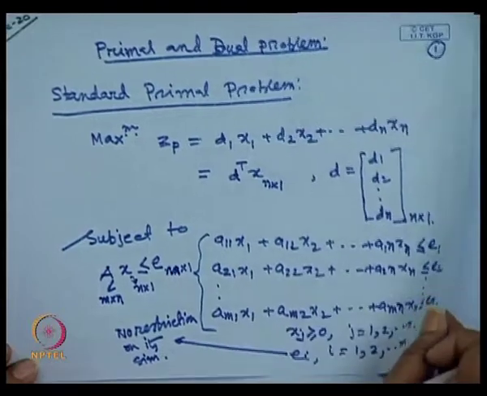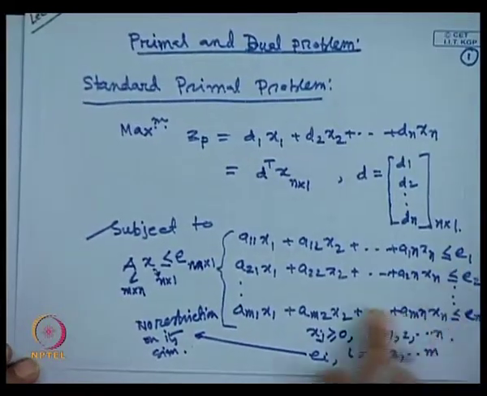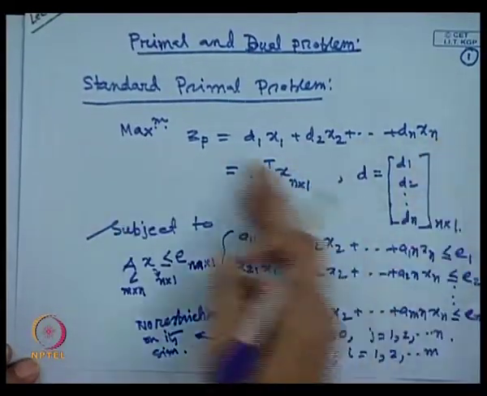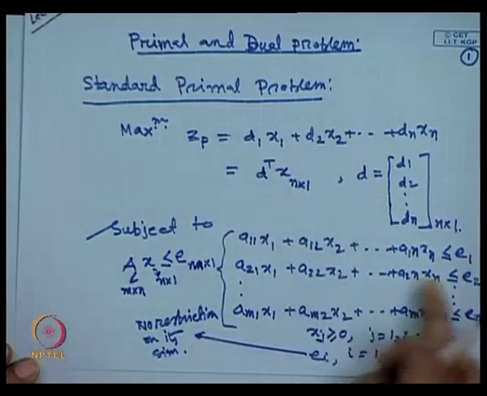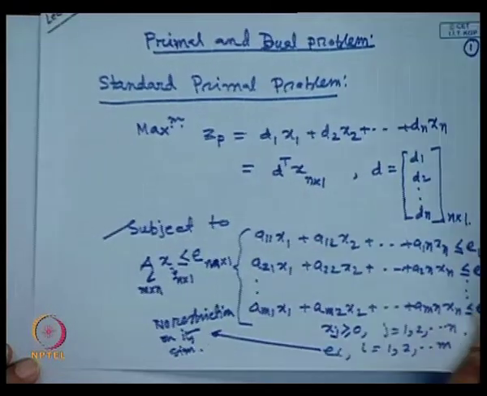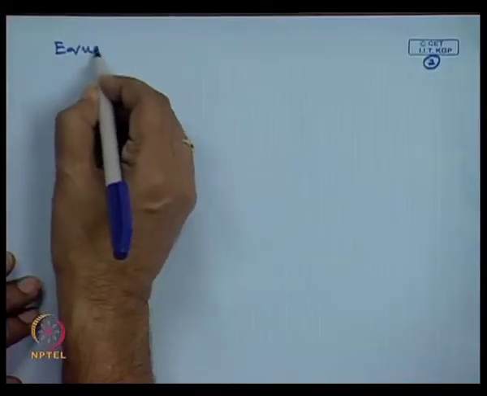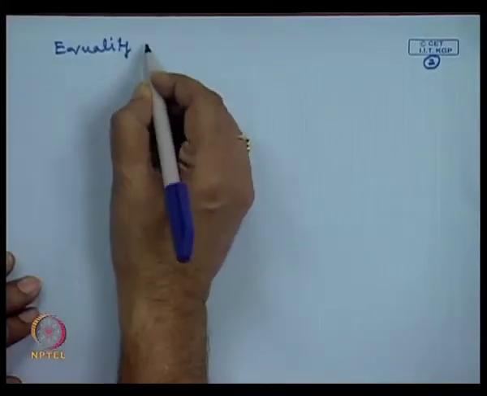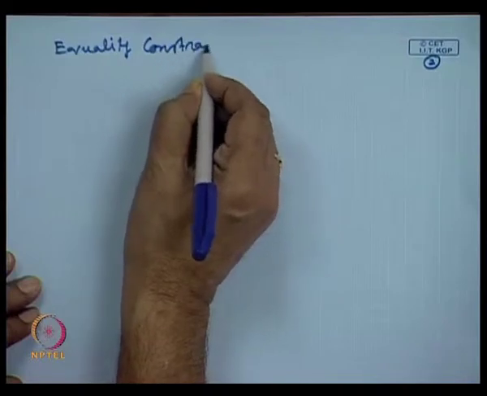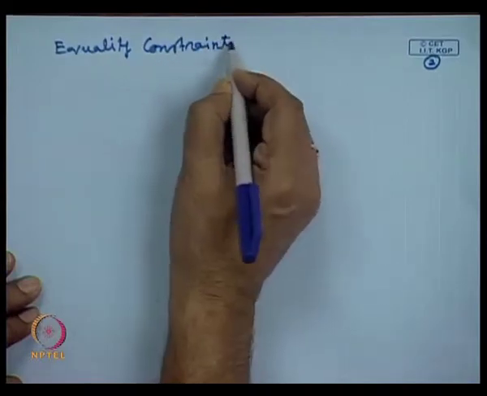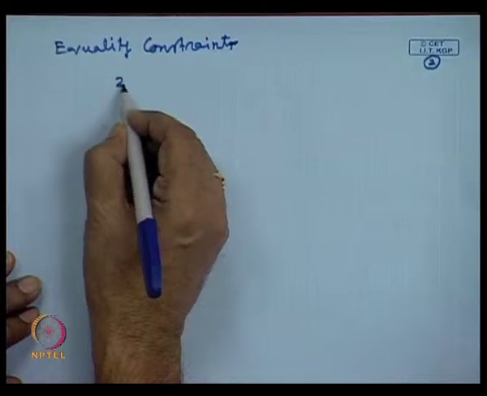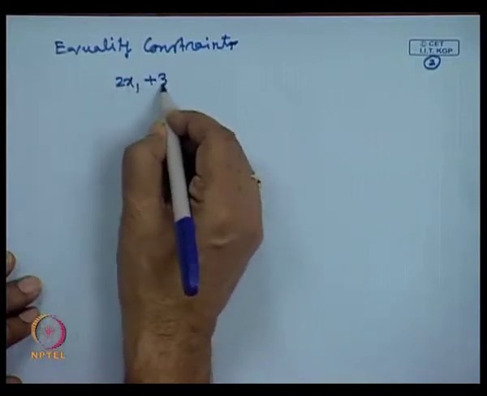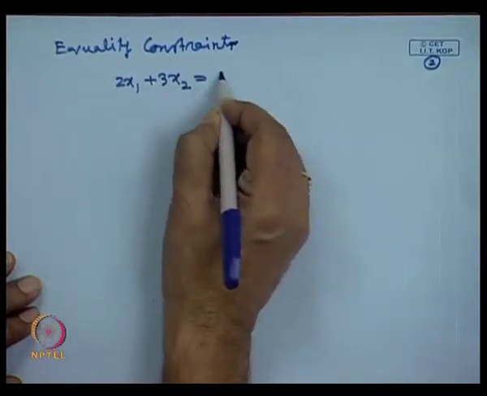Suppose you are given an LP problem with an equality sign, as we have discussed earlier, say an equality constraint like 2x1 plus 3x2 is equal to 5.